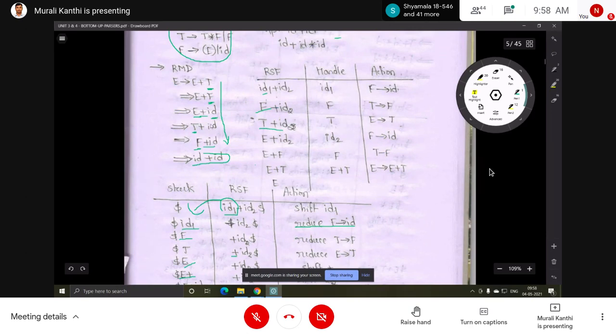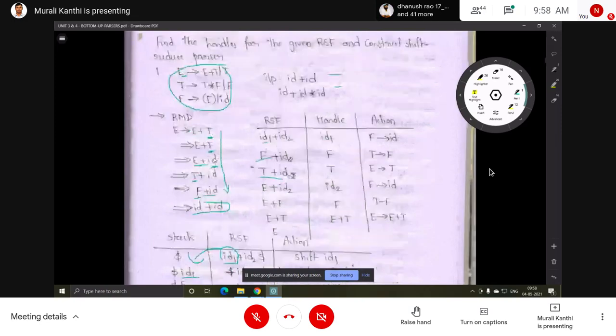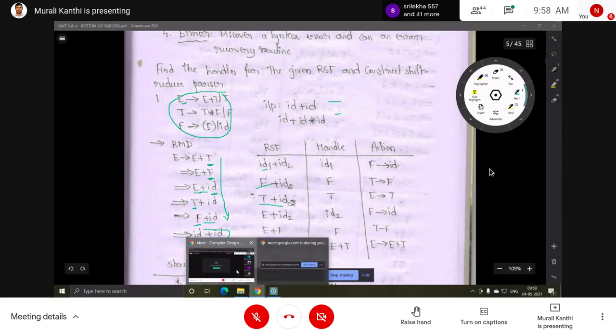That's why in the bottom up approach, the scanning and deriving is based on the reverse of rightmost derivation. That means the rightmost derivation in reverse order. Am I clear? Yes, respond. Is it okay?